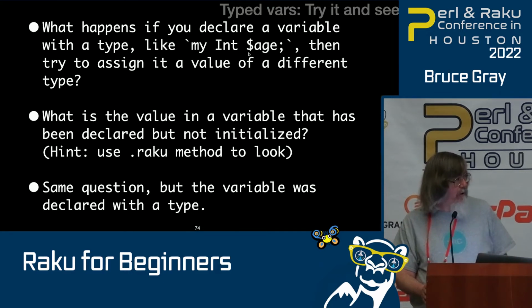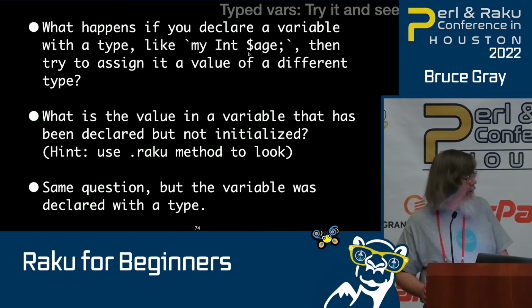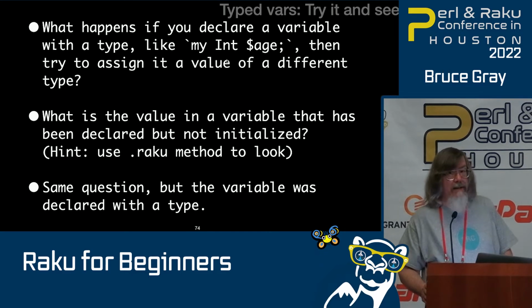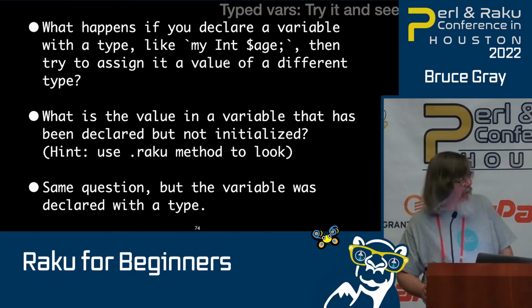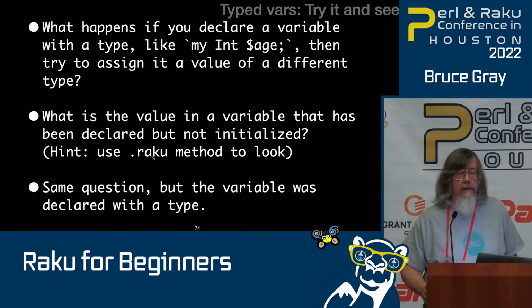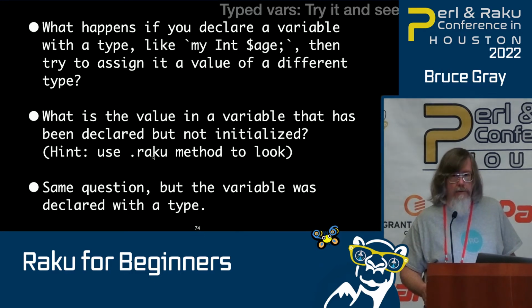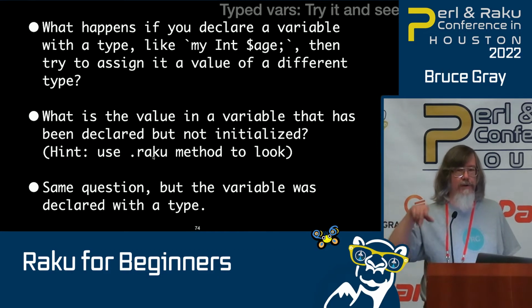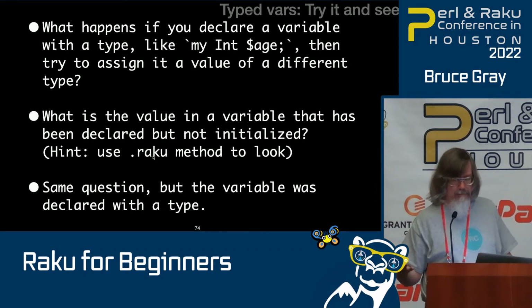Also, if you declare it to have a type and don't set a value, what's in the variable? You can have a look with .raku. That method is sort of like Data::Dumper in Perl. It will try to produce Raku code that would evaluate to the value that's actually being referred to.